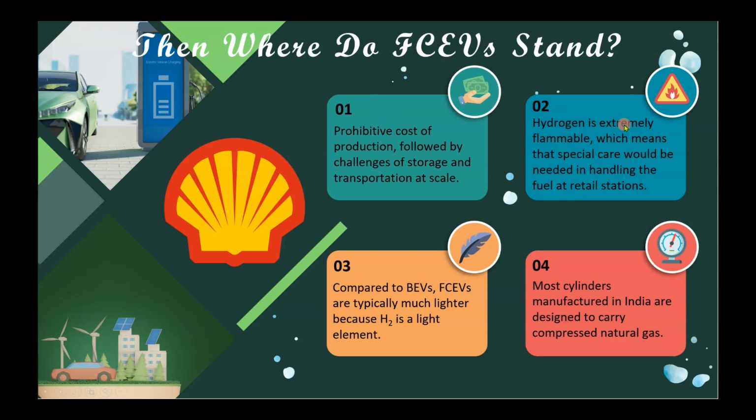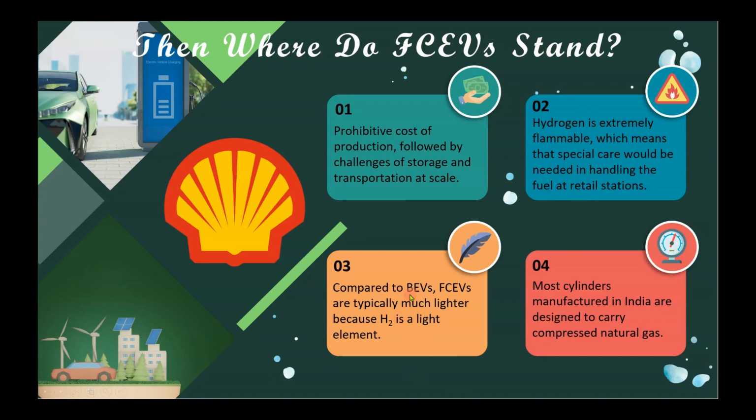Then hydrogen is extremely flammable, which means that special care has to be taken in handling fuel at retail stations. And already we Indians are highly so-called responsible in handling gas leaks and all. I don't need to emphasize this fact. So that is a major issue.